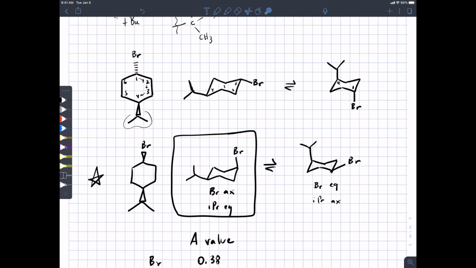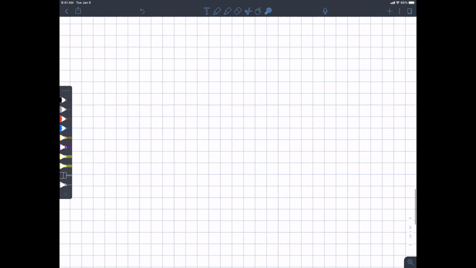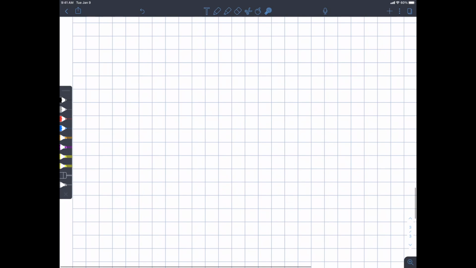All right? Let me show you a particularly onerous problem. Dun, dun, dun. All right, carbohydrates. Beautiful 6-membered rings and complicated structures.